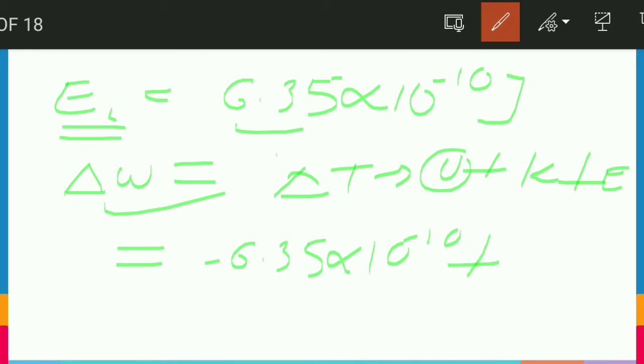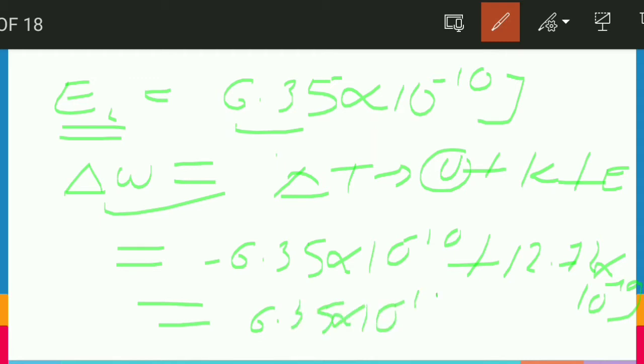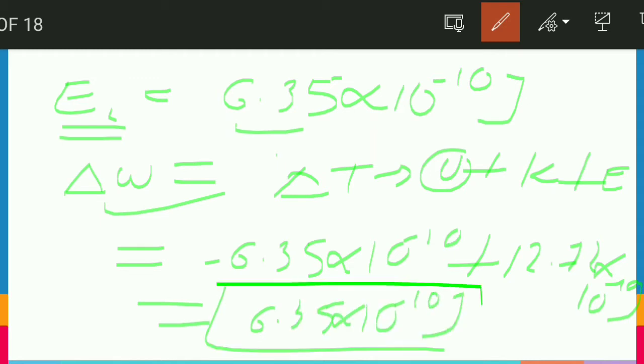Now we have also included the battery in our system, so its energy has been increased, and that we have also found. It was 12.72 into 10 to the power minus 10 joules. So total, when we calculate it, we will get 6.35 into 10 to the power minus 10 joules. This is our final answer.